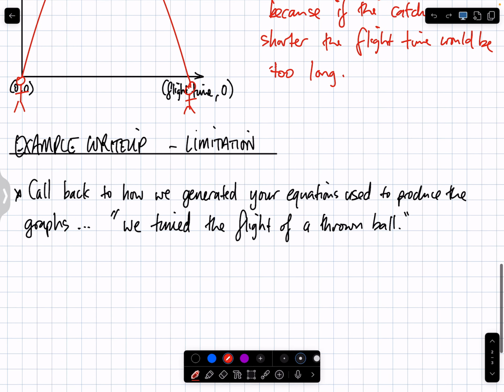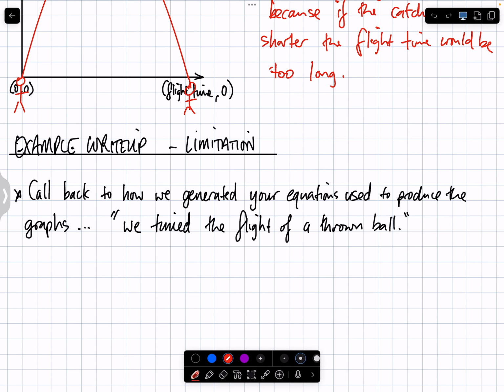What's a limitation? Let's call back to how you generated your equations to produce the graphs. You timed the flight of a thrown ball. Are you perfect? Is there an accuracy in that time? Is there an accuracy in your ability to press that button when it was thrown, exactly when it was released and when you caught it? Yeah. So if you were delayed in pressing the end, would your time be longer?